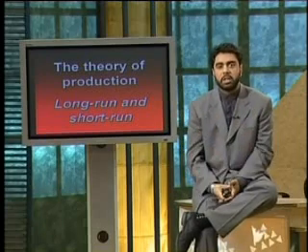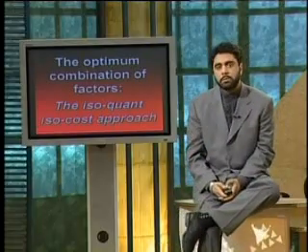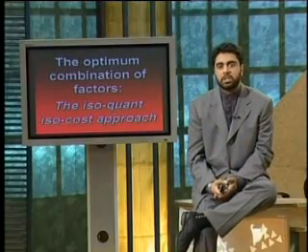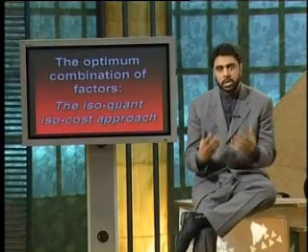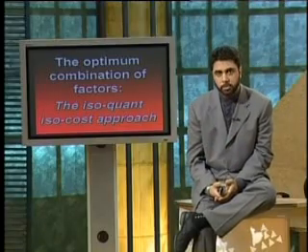So we are in the realm of choosing the optimum combination of factors. We've introduced the marginal physical product approach. Today, we will talk about the isoquant or isocost approach.